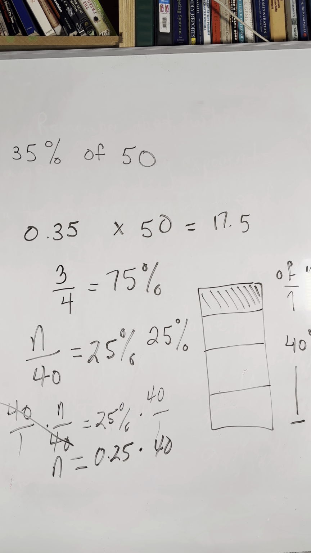And when you do that multiplication, you will get the same number. n equals 10. So we would say 10 is 25% of 40.